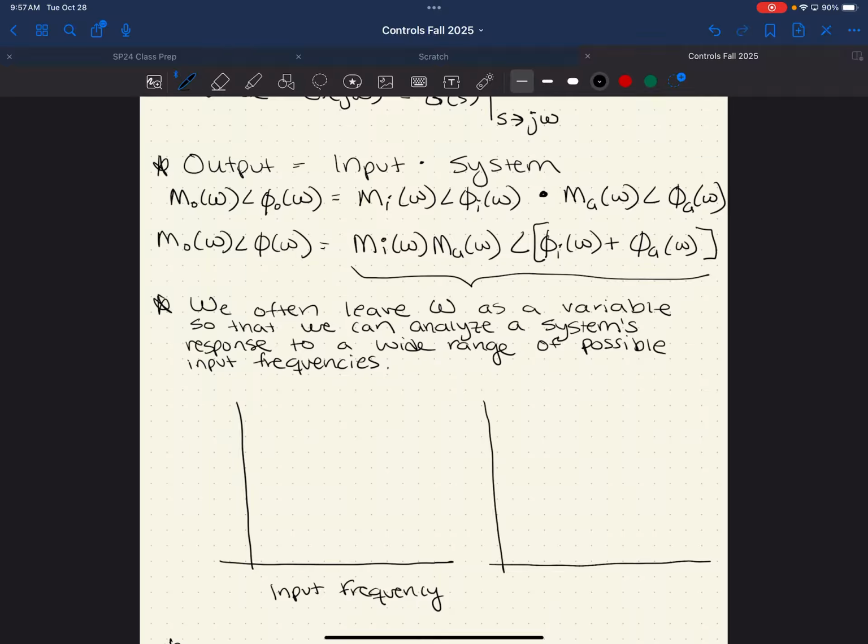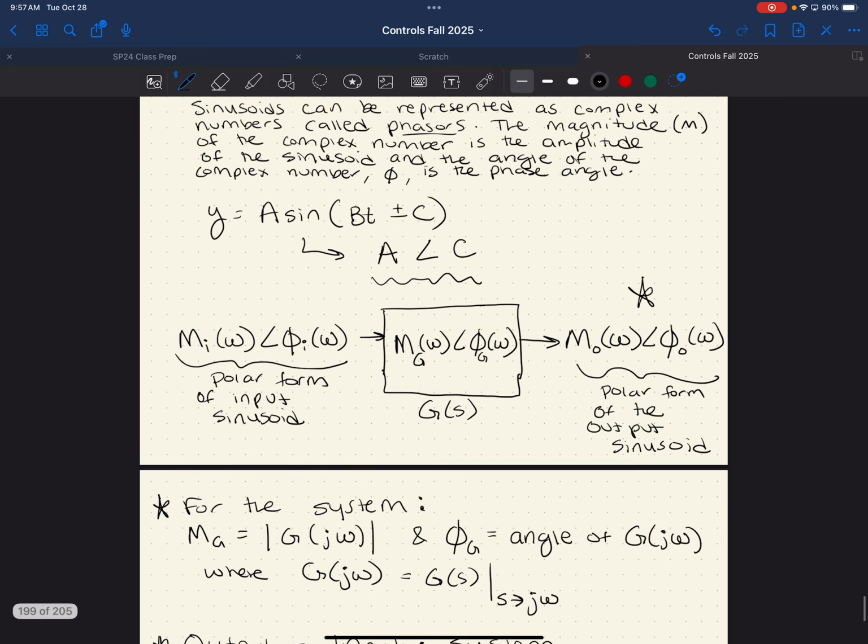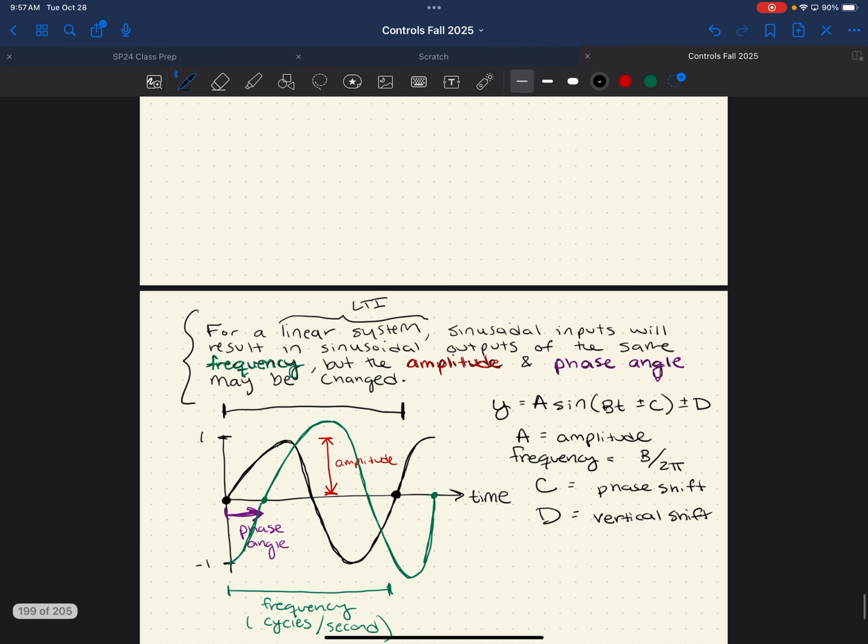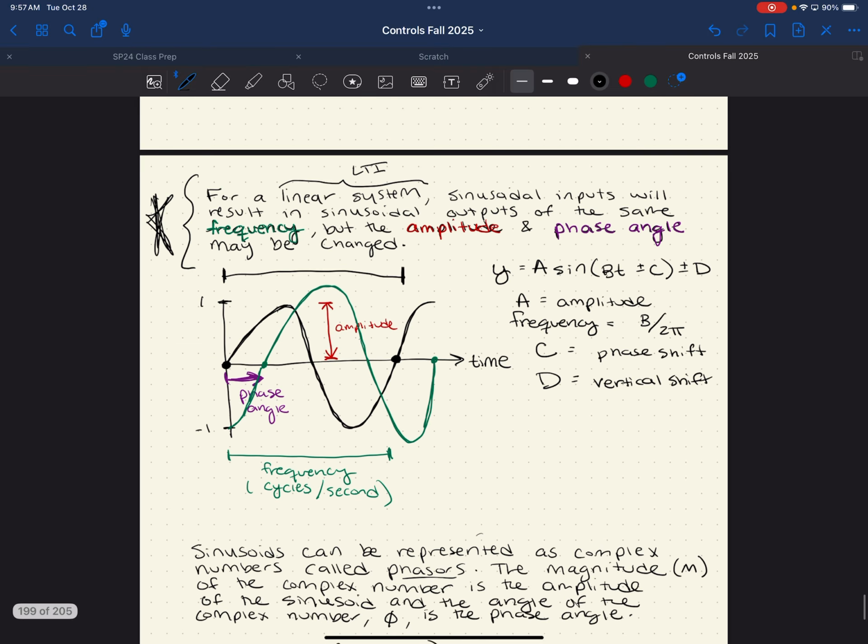I'm going to draw two different graphs. Let's go back to our earlier note. Let's look at this one again. What are the two things that might change based on the input that I give it? Amplitude and phase angle. The amplitude and the phase angle, right?